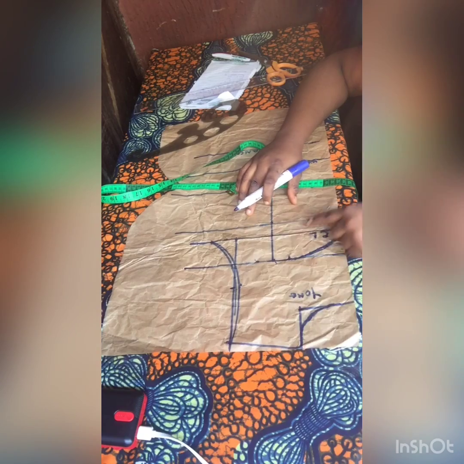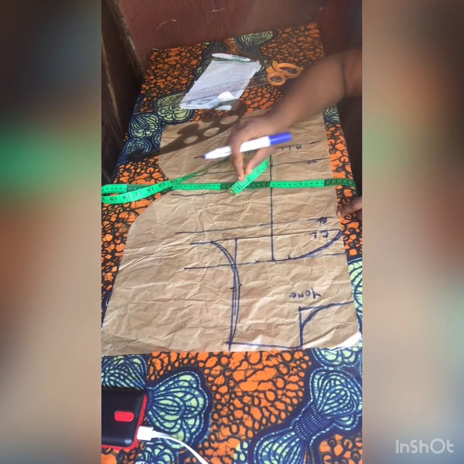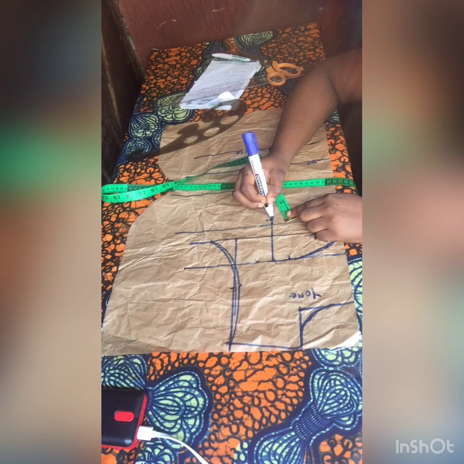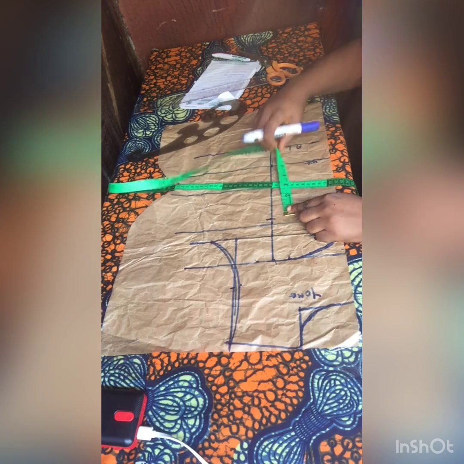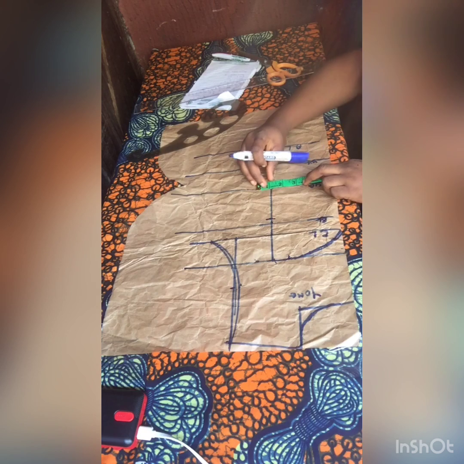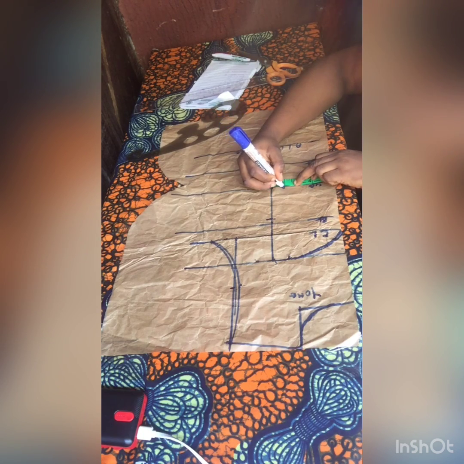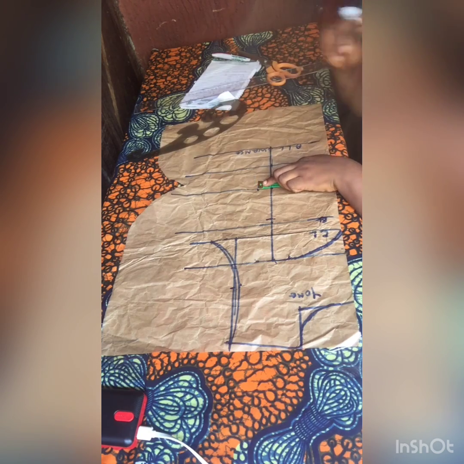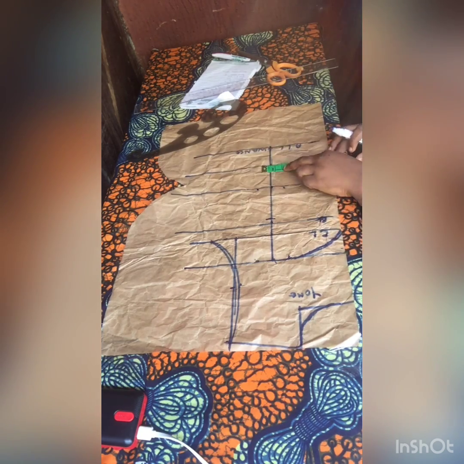So when you get to your bust line or your bust point, you come down by 1/2 inch and you mark it by 1/2 inch, please. And on your under bust, you also go out by 1 inch at both sides, and you also repeat the same for the other lines that are remaining.